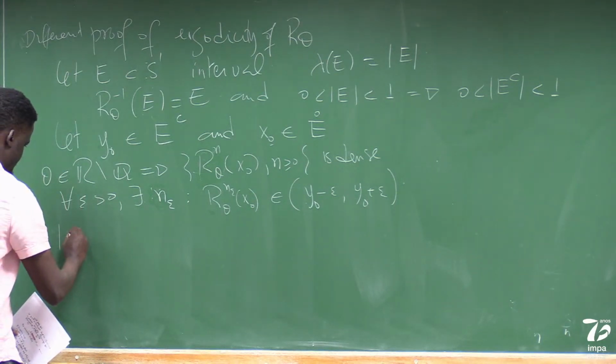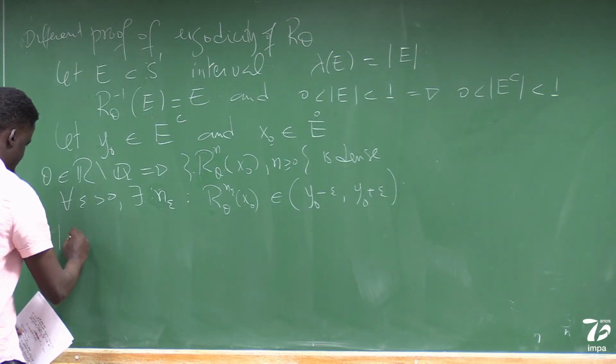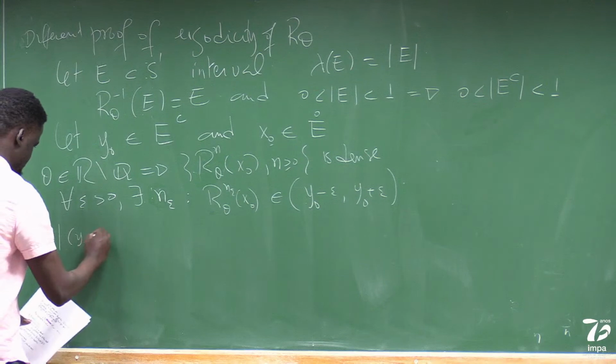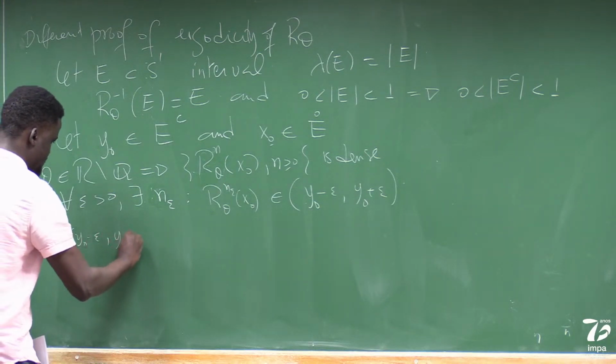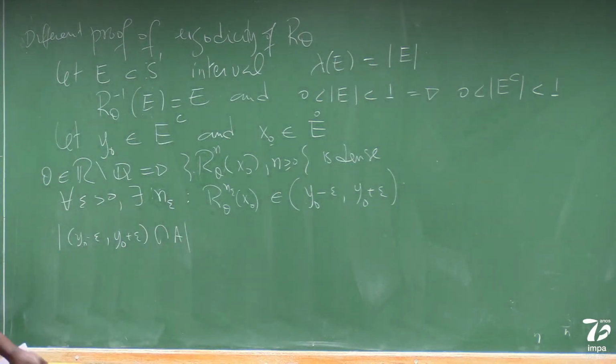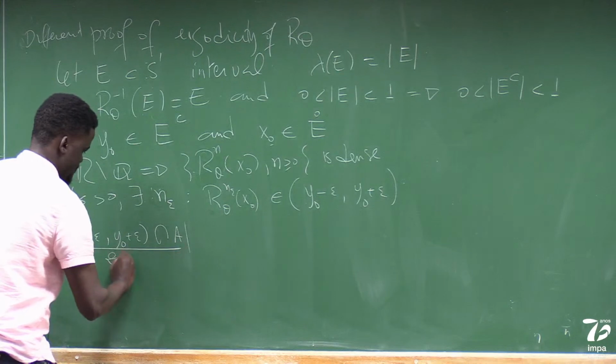So if you look at the measure of this interval, y naught minus epsilon and y naught plus epsilon, intersect with A, over 2 epsilon.